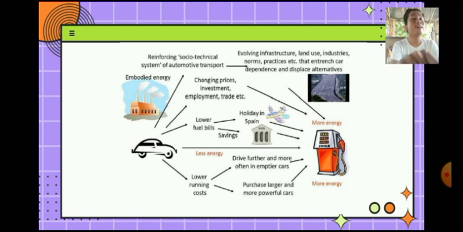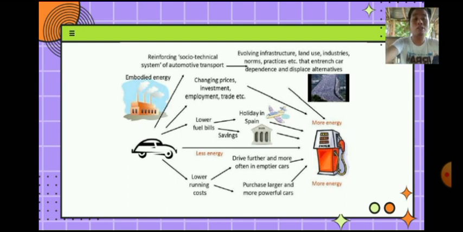If you spend little on your vehicle, and the fuel bill is low, you keep driving and driving faster. Do you think you save energy? No. You are purchasing more powerful and larger cars just because you pay less, and that is still a rebound effect. You do not save energy but increase the consumption of energy.